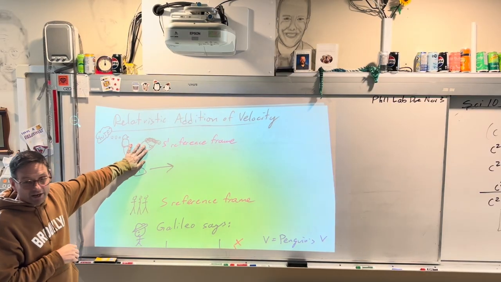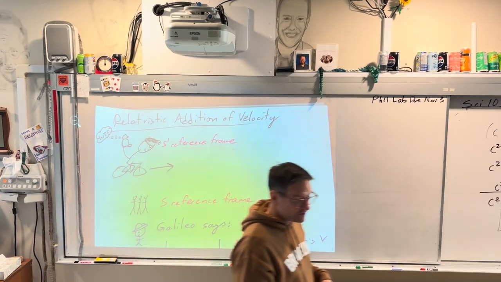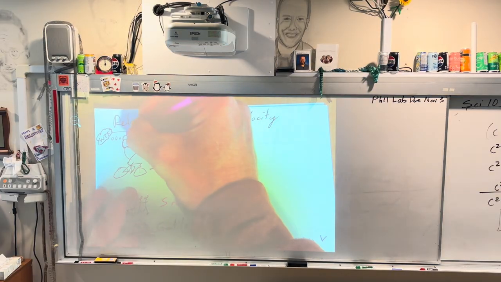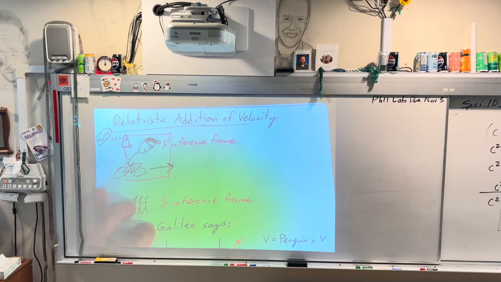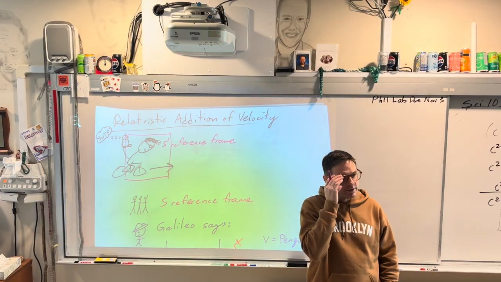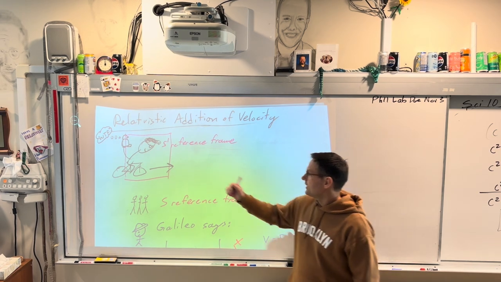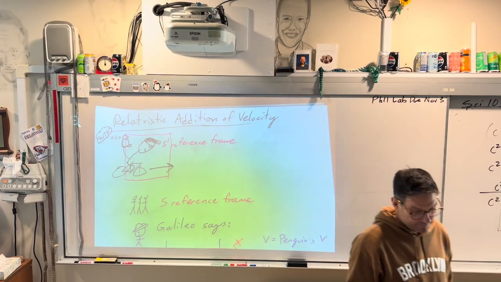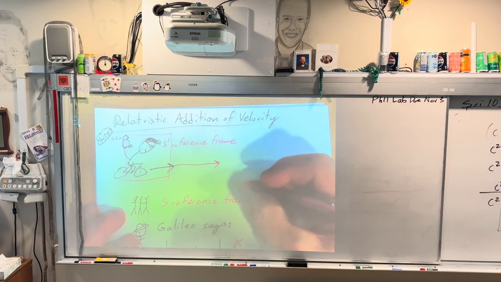We had Arsha riding a bicycle. Arsha is in a reference frame. We're going to call that reference frame S prime. In order to understand special relativity, you have to think in terms of reference frames. So he's in S prime reference frame. It's moving because he's riding his bike, and that reference frame is going to move a certain distance.